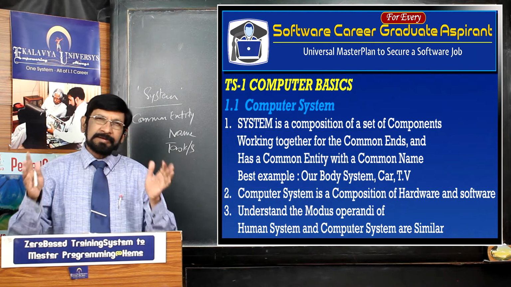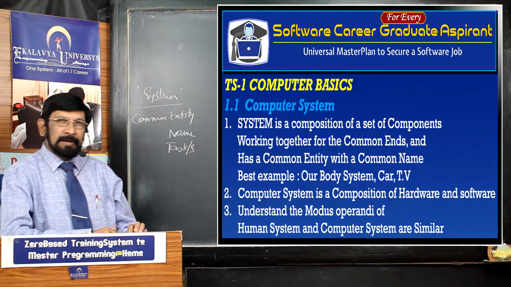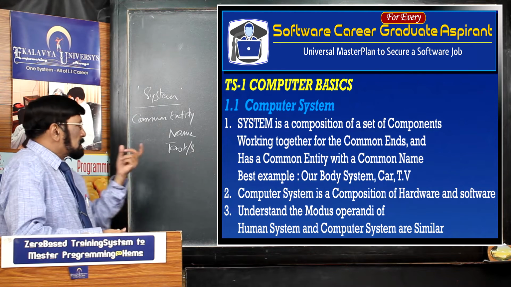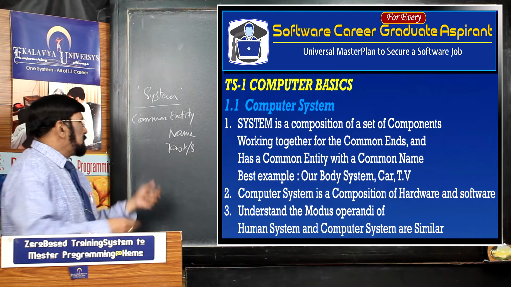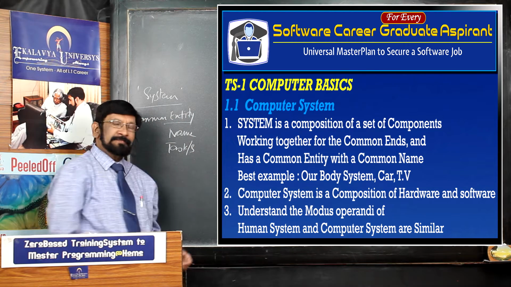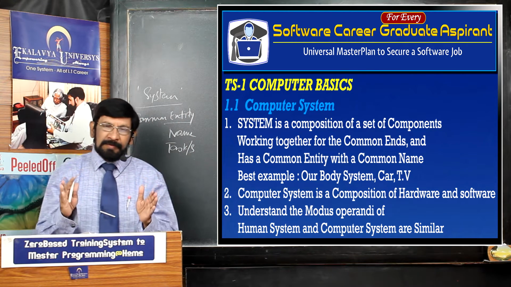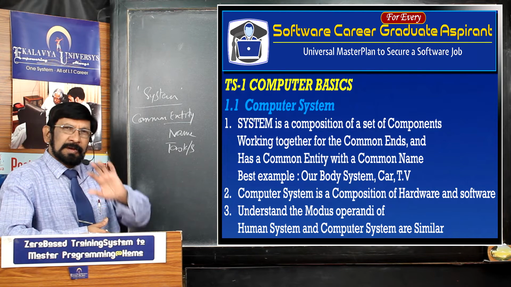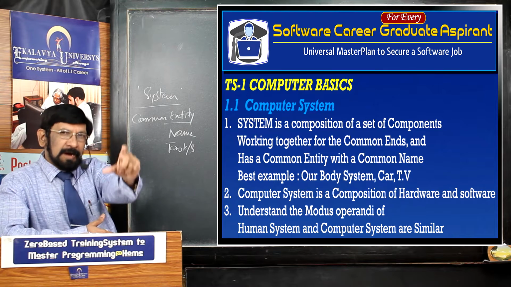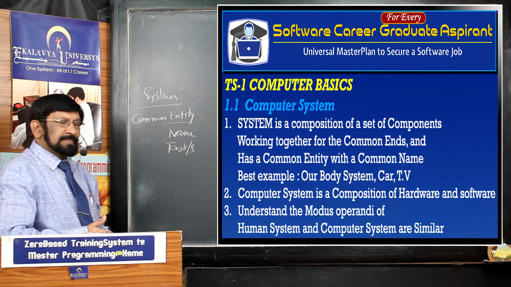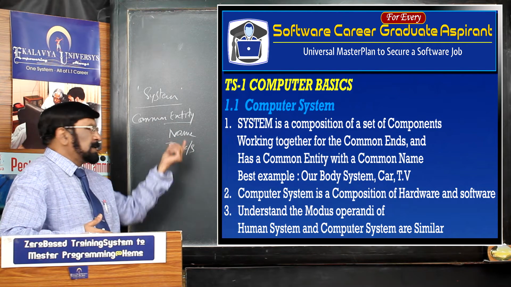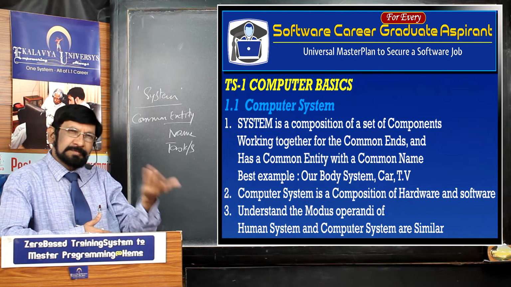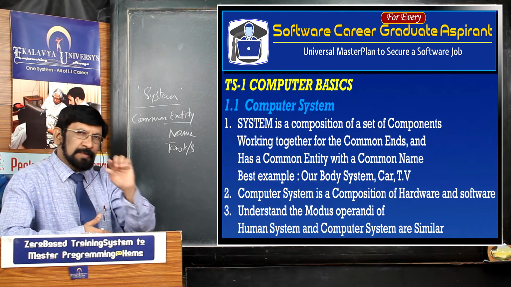You know that hundreds of components are there, and those components are composed and made as a common entity. Actually, you never identify that the car is having 100 or 100 plus components. You treat it as a car, a single entity. Thereafter, you give a common name. Common name means you just call it a car or a brand car.